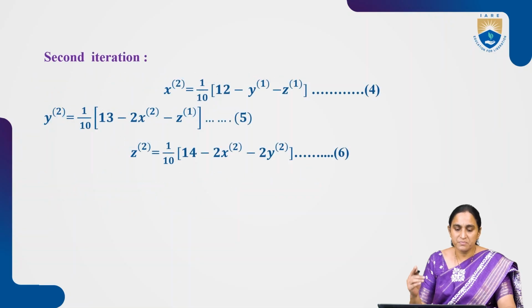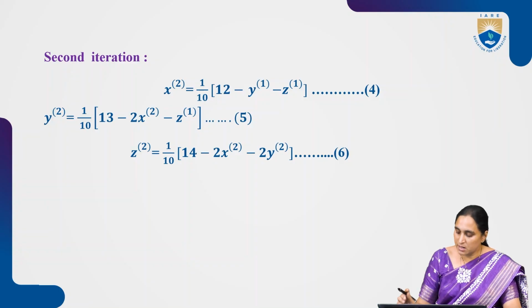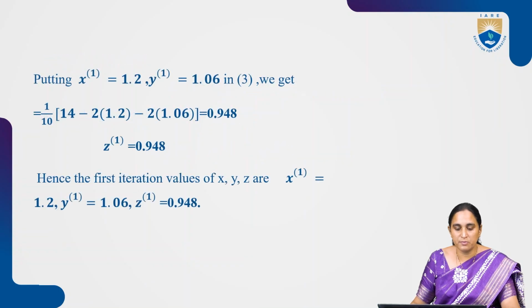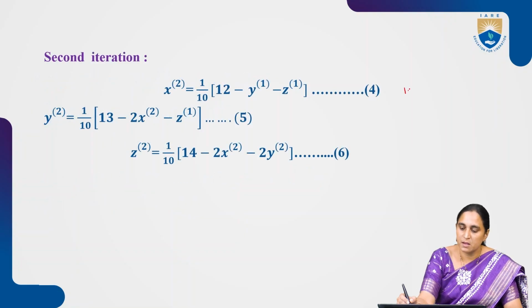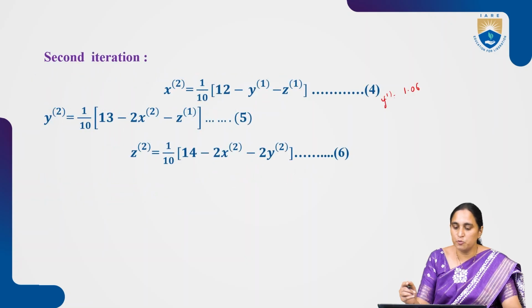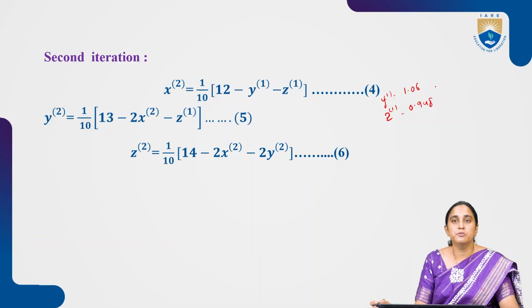The second iteration equation is 1 by 10 into 12 minus y power 1 minus z power 1. We already know y power 1 is 1.06 and z power 1 is 0.948. Substituting there, in the fourth equation we get the second iteration value x power 2.